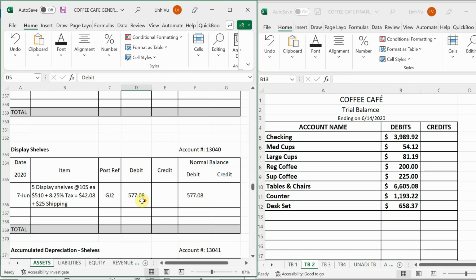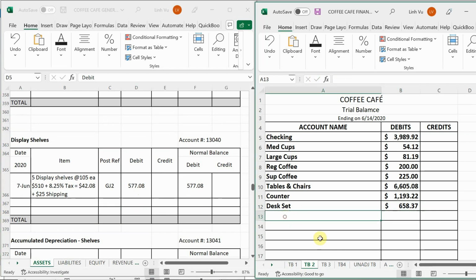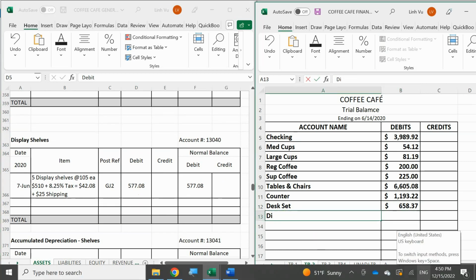And then we have our display shelves, or in this case, I'm going to put shelves, which we currently have for $577.08.